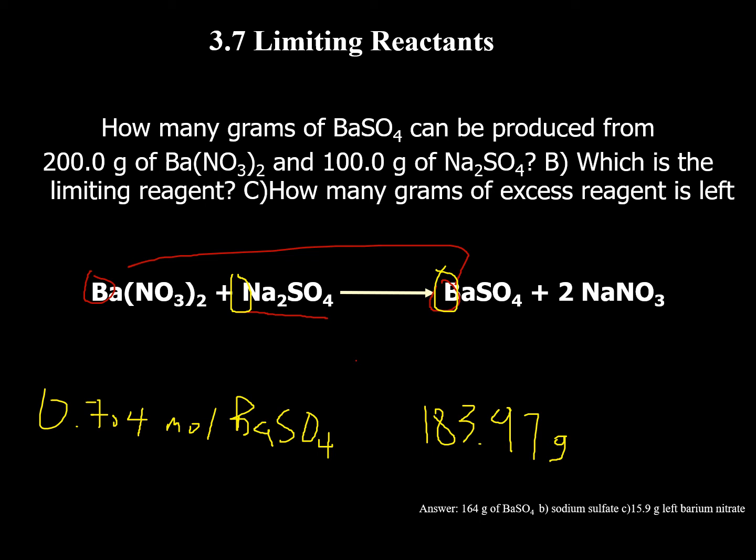That's how much is used up. We have to figure out how much is left over. So from the original question, we start with 200 grams of barium nitrate, subtract 187, and we get a value of about 15.9. I think I got about 16 grams of barium nitrate left over.